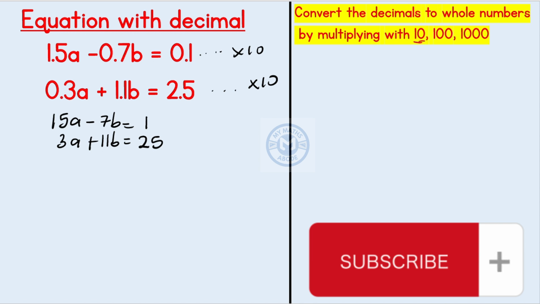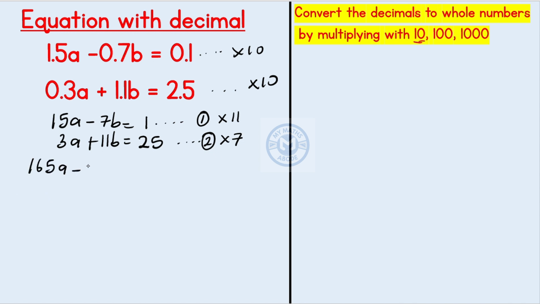So I can now continue solving. So remember, this is my equation 1 and this is my equation 2. I want to eliminate b, so I'll multiply here by 11 and multiply here by 7. So this will give me 165a minus 77b is equal to 11.